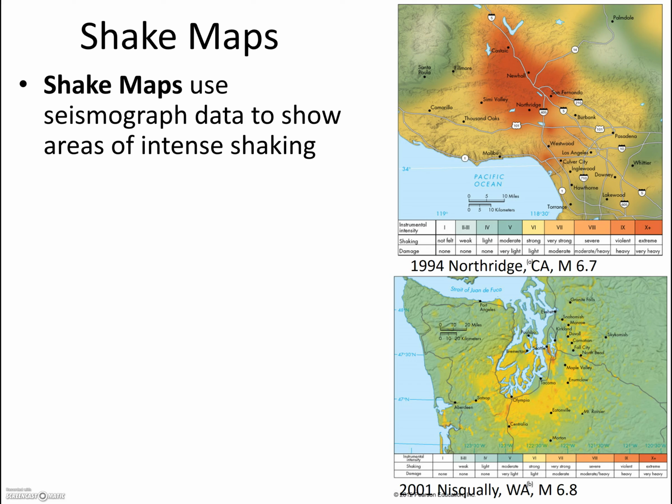But the main reason is probably that the earthquake focus was deeper under the Nisqually epicenter than the Northridge epicenter, and so the seismic waves were more attenuated in Washington.